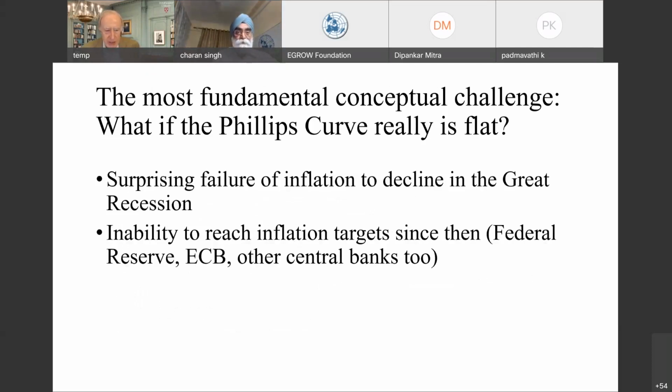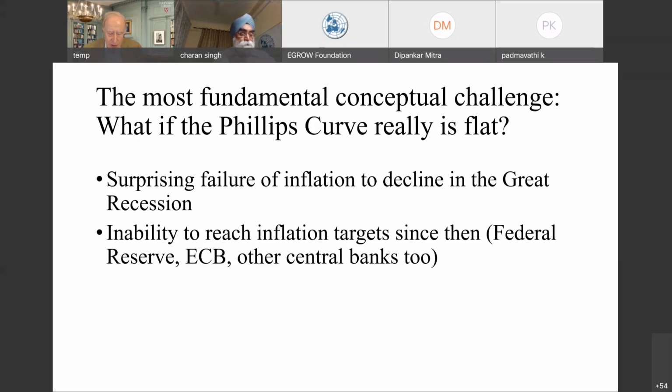Well, to begin, going back even before the post-financial crisis period, most economists in the developed countries anyway, including me, were very surprised at how little inflation declined during the period immediately following the great financial crisis.